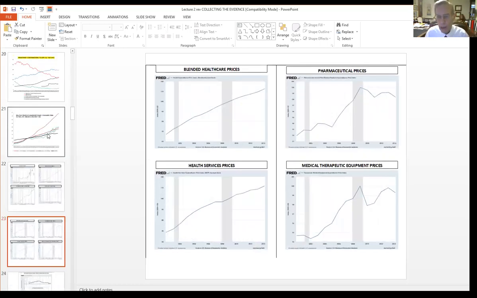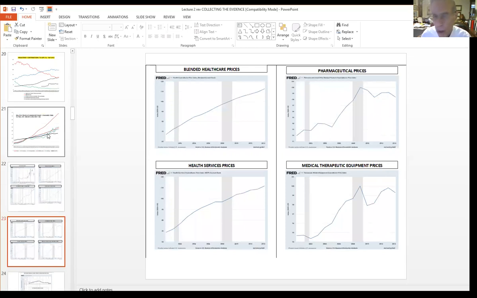Now we have healthcare prices. The upper left-hand chart is the average of all the healthcare prices, and you can see that they have been going up on average pretty steadily, even right through the recession, because a lot of those prices are charged by hospitals and doctors and drug manufacturers, and when you're sick, you just got to have those services or those products.